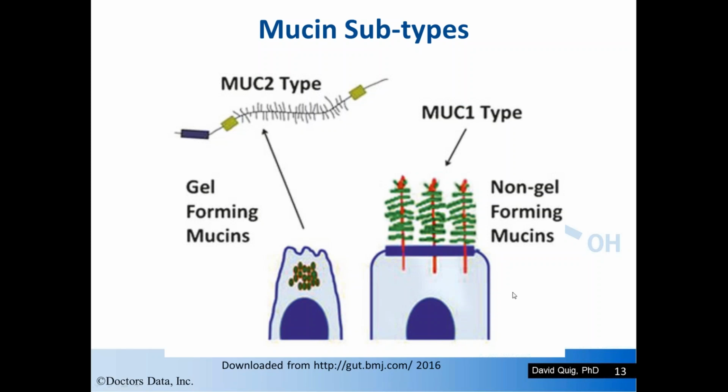Then we have the non-secretory mucins like MUC1, which forms that adherent gel barrier that protects the delicate epithelial cell. And you can see here it has a transmembrane protein foot that extends into the endothelial cell and may have some reporter function.